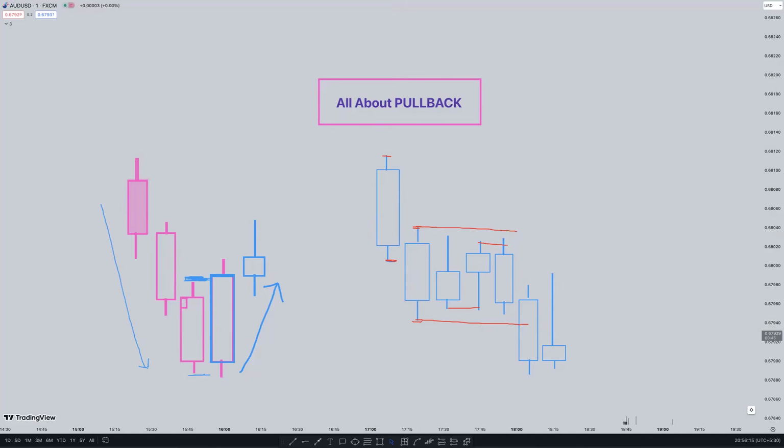Because it grabbed the high of the last candle. Exactly, if the market breaks the previous candle high or low. Let me show you exactly. The previous candle is broken by this one, which means you need to focus on this candle because it was broken by this candle.